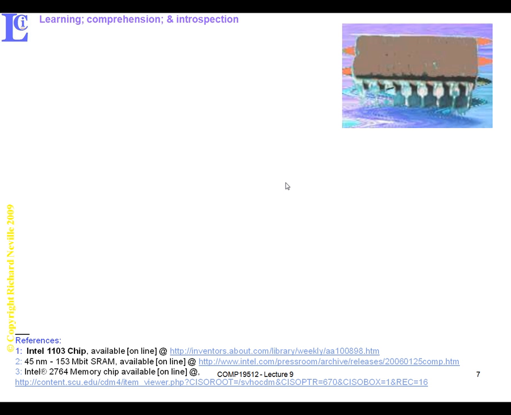Let's move on. So let's think about this. This is one of the first ever memory chips in the world. It's this chip here, the Intel 1103, and you can look at more information at the URL here. So that's basically, even though it was some time ago, what one of the first memory chips looked like. You should be aware that it's got a number of pins, and exactly the same number on the other side. 2 of these will be connected to power and ground to actually power this chip.